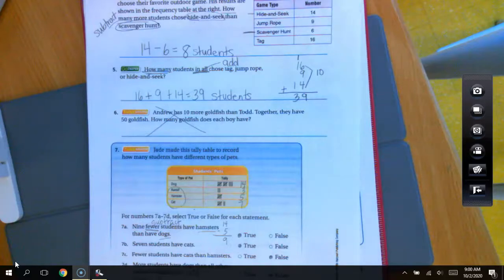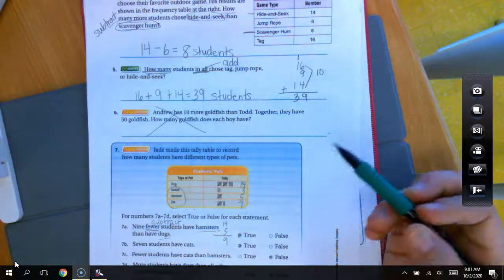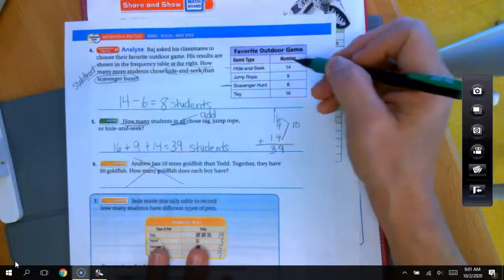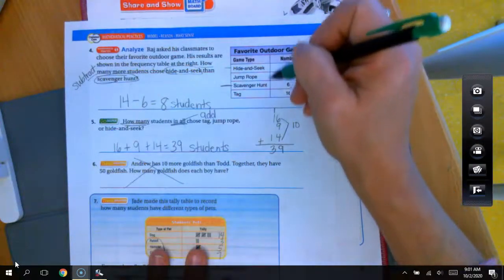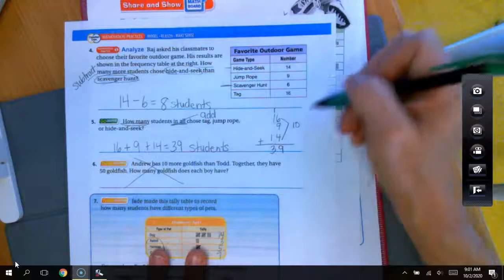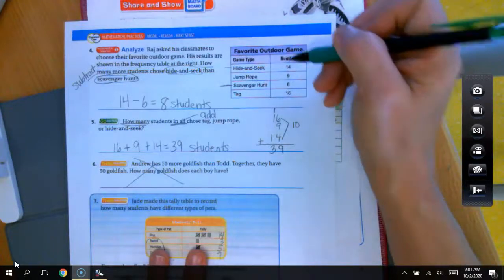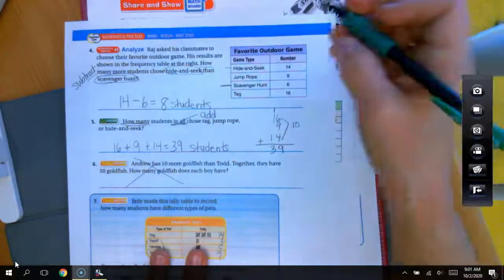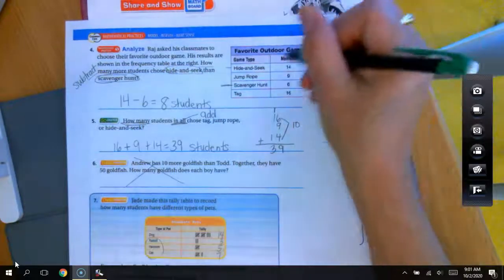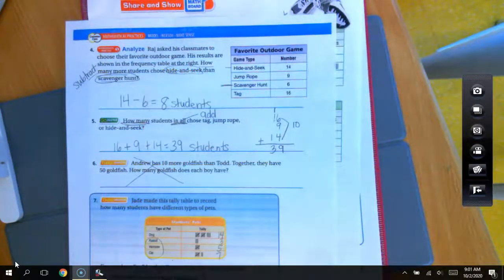It might not always be people who are asked, just like in our shoes, we measured, or the bean plants were measured. But if it says how many people were surveyed, all that means is that you might need to add all the numbers up together. Just a quick little note. We'll learn that in another lesson, but just in case you hear that, you'll already be one step ahead.